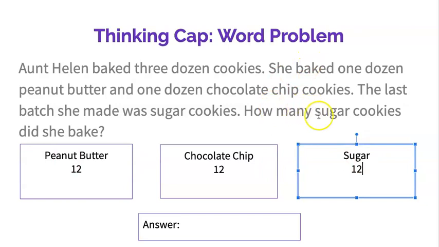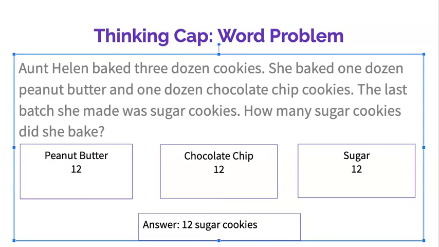That would be our 3 dozen. And then how many sugar cookies did she bake? It would be that she baked 12 sugar cookies. And remember, if 12 is a dozen, half a dozen is 6.